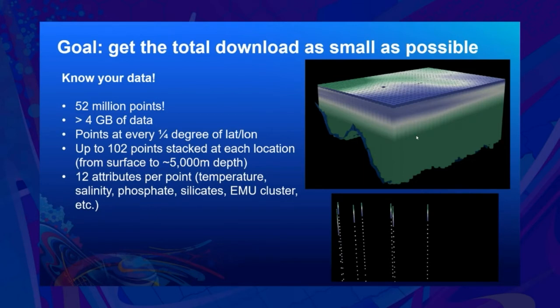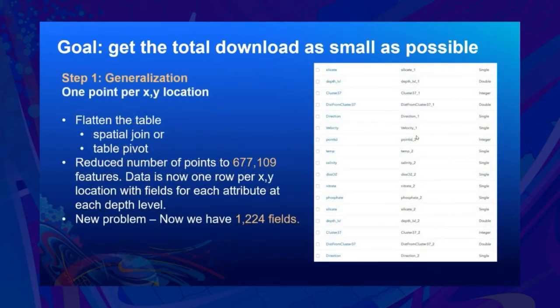So there are up to 102 points of depth from the surface down to 5,000 meters, and there are 12 attributes per point. That's 52 million points, and you're not going to deliver 52 million points to the browser and view them effectively. So what can we do to get this as small as possible?